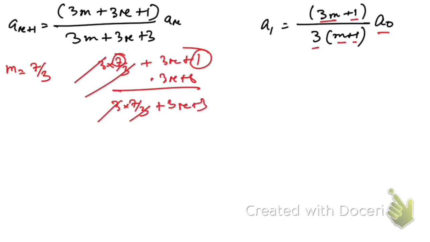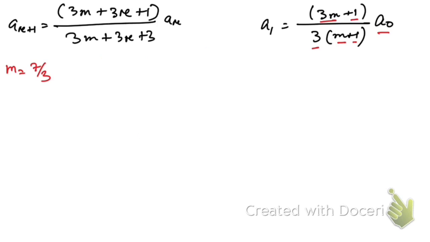So here this 3 will be cancelled, 7 plus 3, that's going to be 10. So in the denominator we're going to have 3r plus 10. So 3r plus 8 by 3r plus 10, right? That's going to be the value of a_{r+1}. a_{r+1} will be equal to 3r plus 8 by 3r plus 10, that's what we have got into a_r, right?